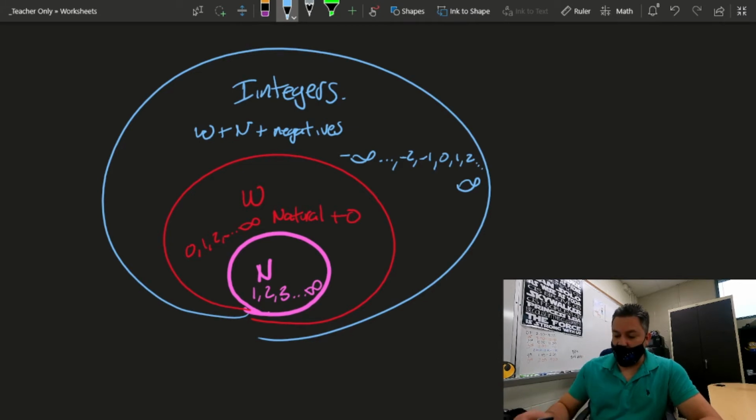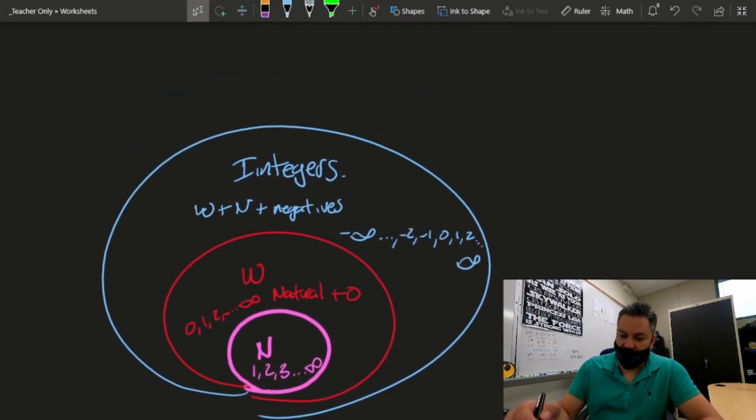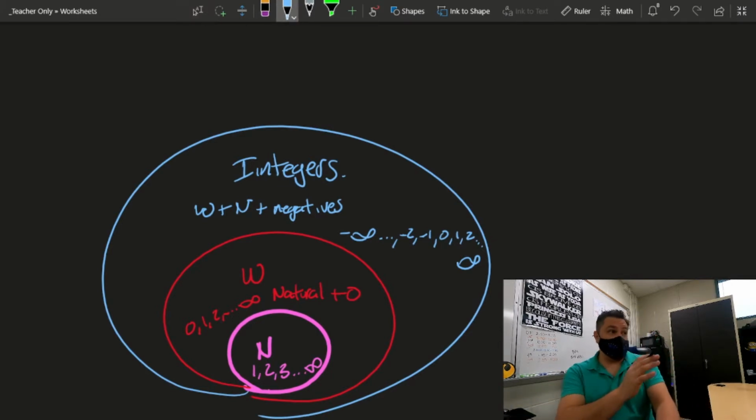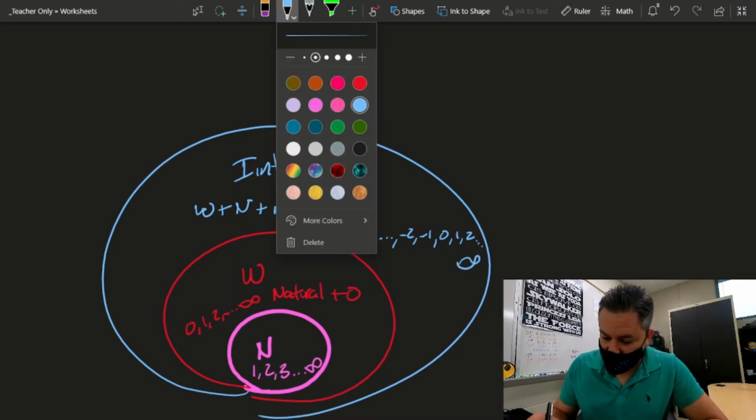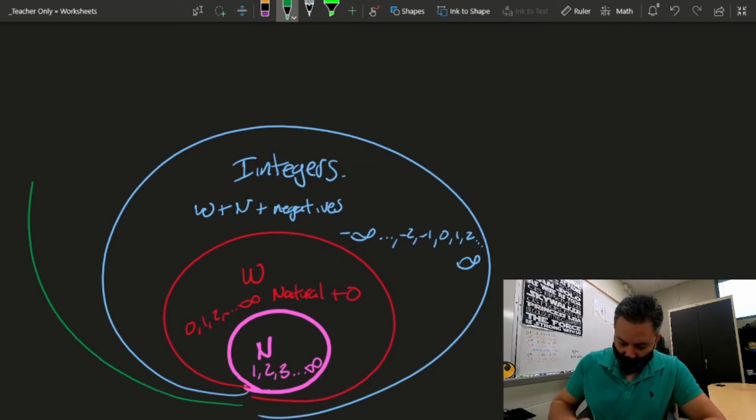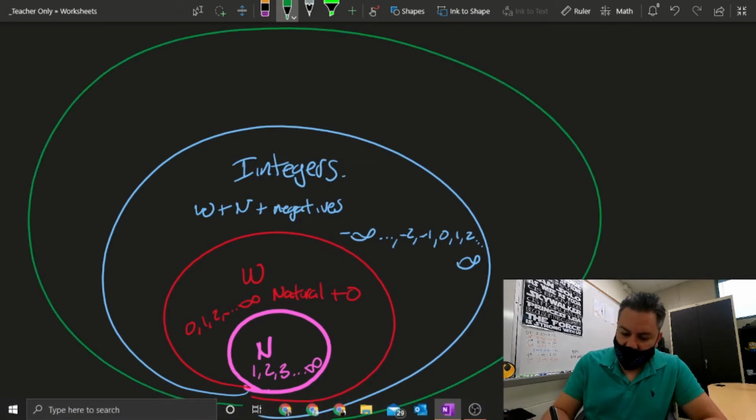Very simple. However, after that, of course, then comes the rational numbers, which is going to include not everything else, but a lot. Fractions, decimals, so much. So right here, you have the rational numbers.